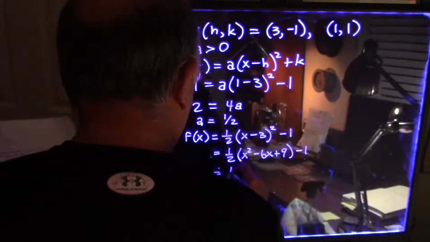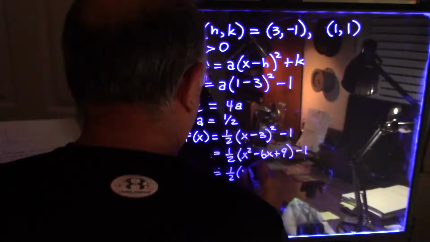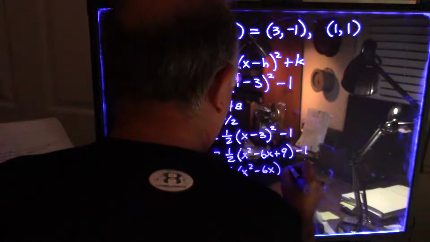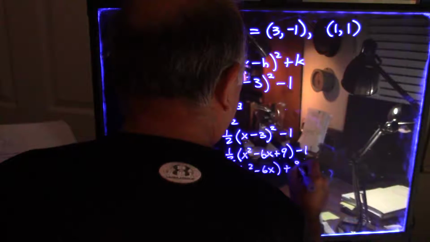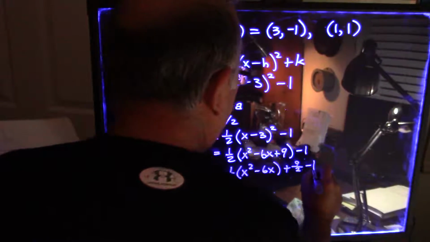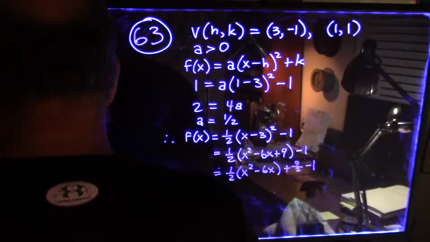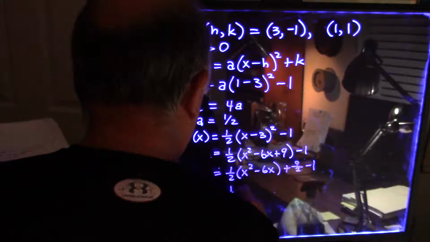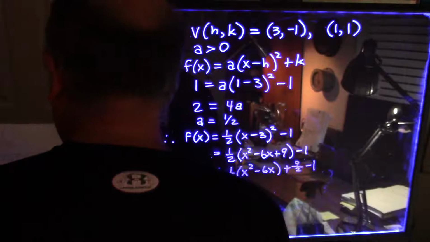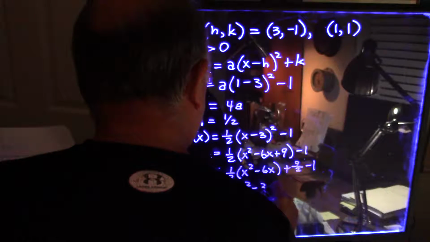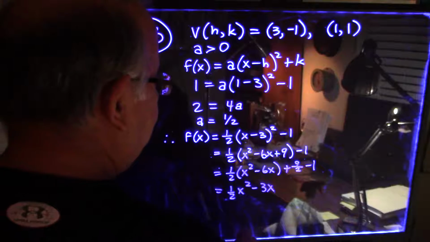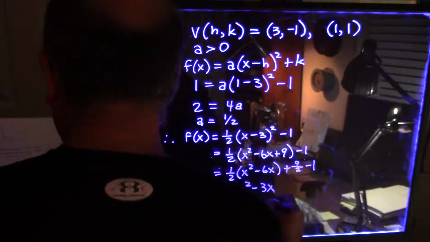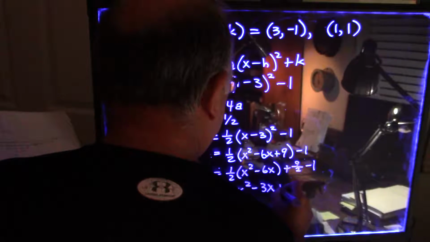So you've got 1/2 x squared minus 6x, and then you've got plus 9 over 2 minus 1, which is 2/2. So distribute that 1/2 through, you get 1/2 x squared minus 3x, that would be 1/2 times negative 6x, and then plus 9/2 minus 2/2 is plus 7/2.